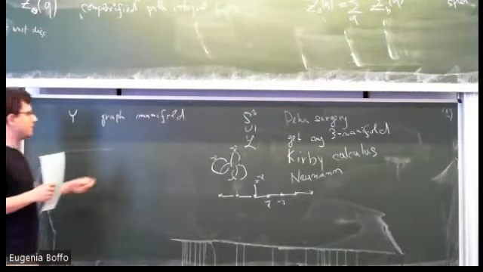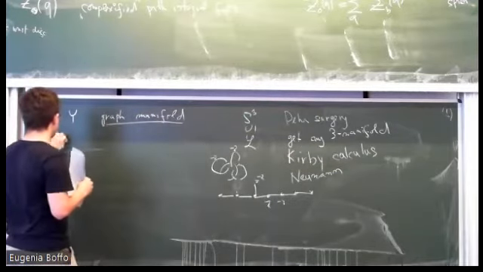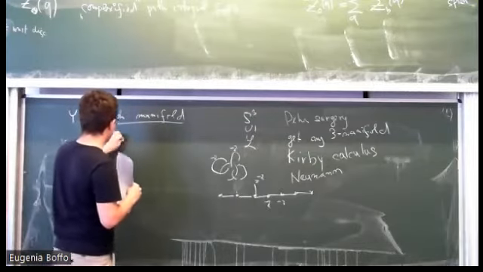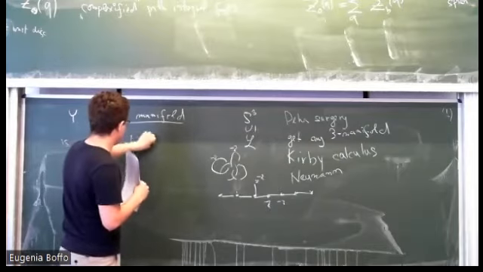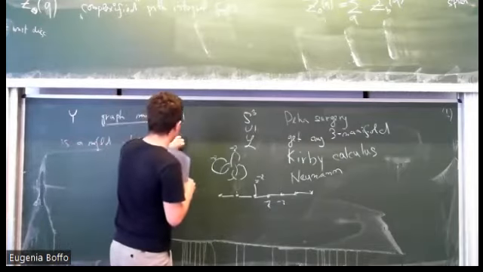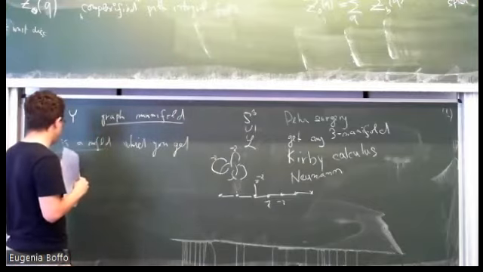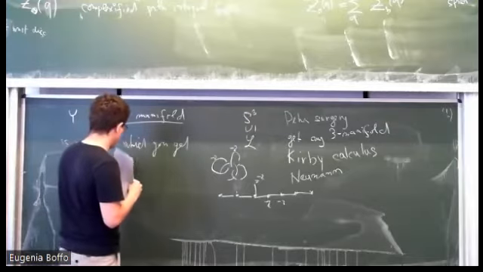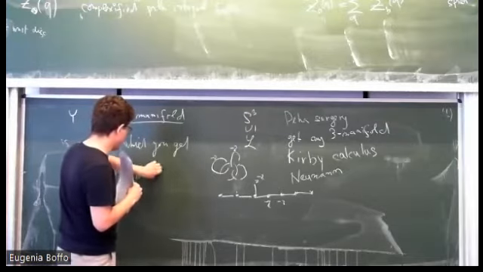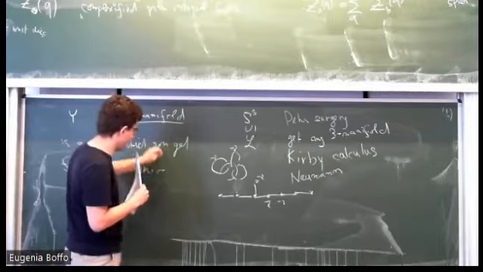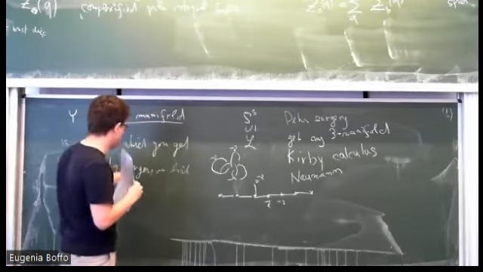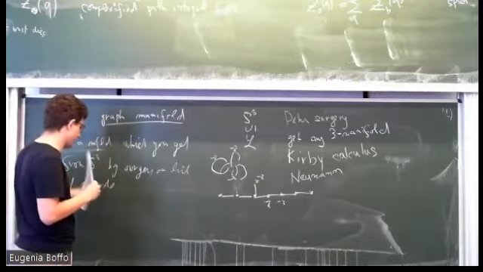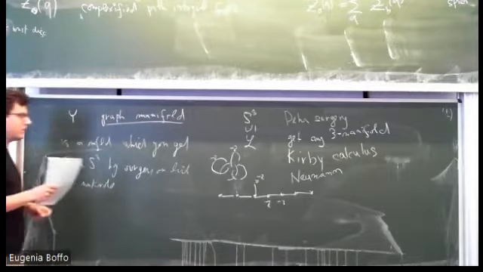Okay, so a graph manifold is a manifold which you get from the 3-sphere by surgery on a link of unknots. Yeah, this is also called plumbing.